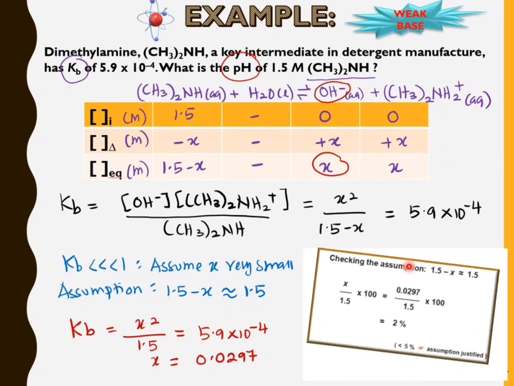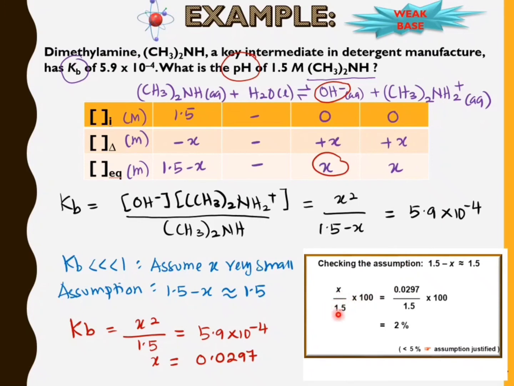X divided by 1.5 initial concentration times 100. Substituting the value of X, the percentage is only 2%. So the assumption is justified because it is less than 5%. So this is a weak base. It means the dissociation is indeed very small, so it can be accepted. If it is more than 5%, your assumption cannot be accepted.